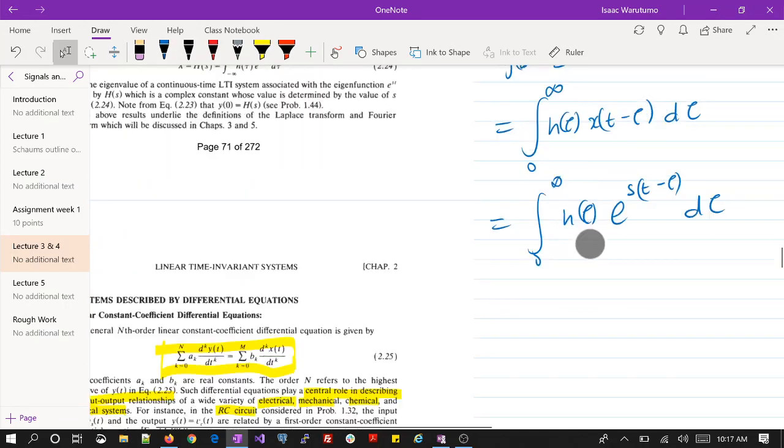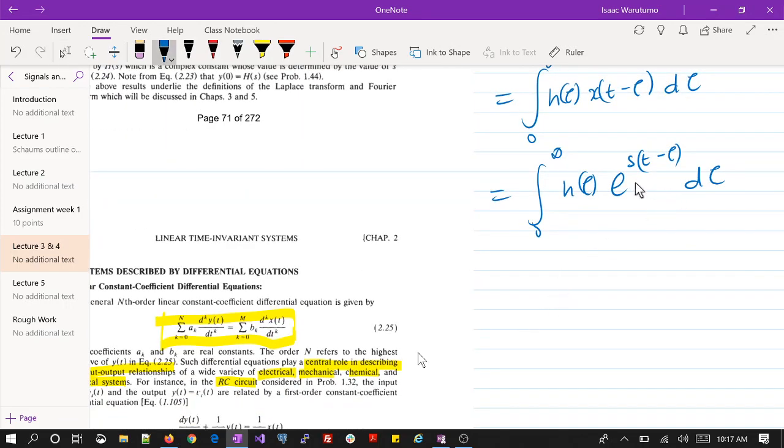If we remove the term that is not dependent on tau, we get an equation of the form e^(st) times the integral from 0 to infinity of h(tau) e^(minus s tau) d tau.